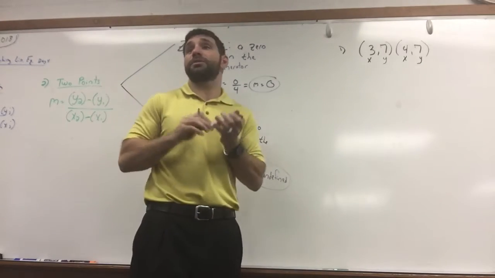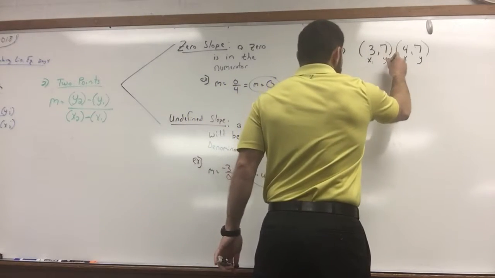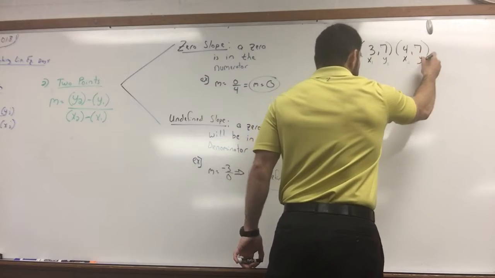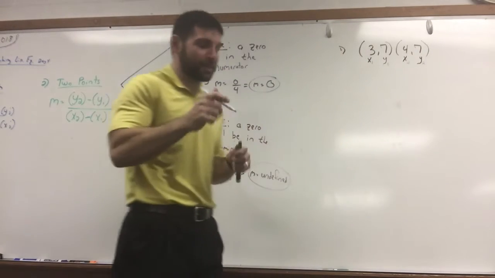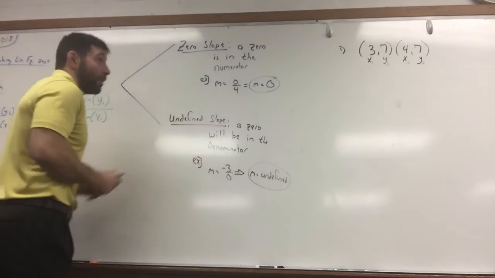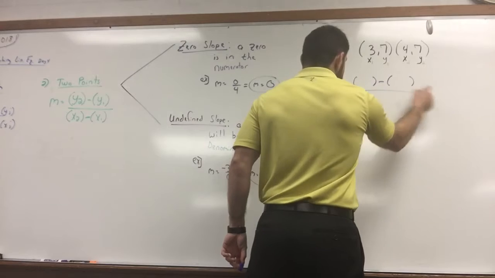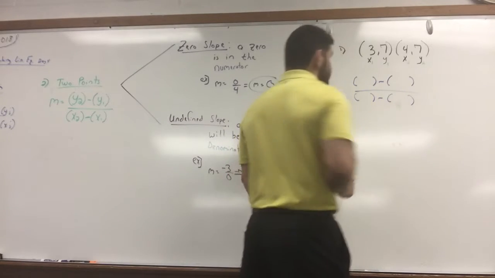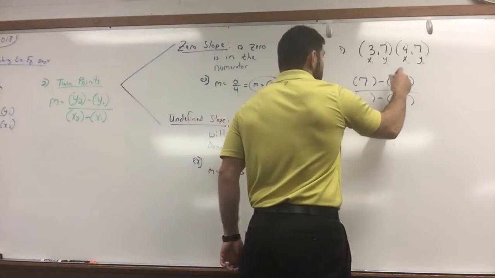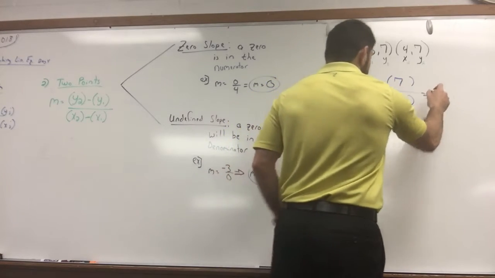So, does it matter which one's the first point, which one's the second point? No, but I will always keep my first point first and the second point second. So now I've got x1, y1, x2, y2. Now I can start parenthesis minus parenthesis over parenthesis minus parenthesis: y2 minus y1 over x2 minus x1.